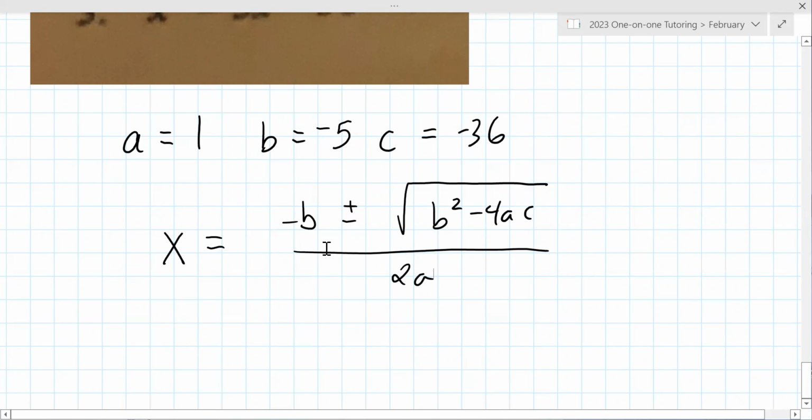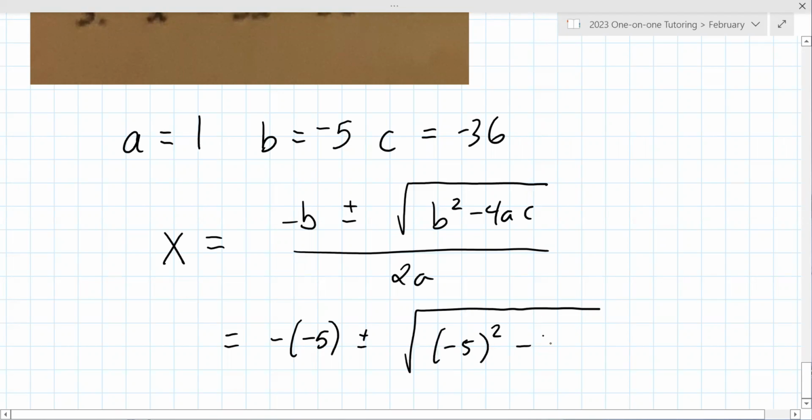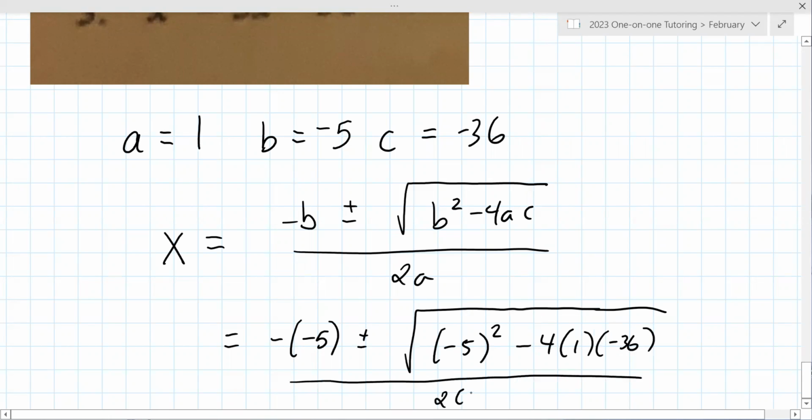I can't emphasize this enough: how important it is that you use parentheses. So it's -5. Is that clear? Okay. Plus or minus square root. Again, parentheses, -5 squared, minus 4 times 1 times -36, all over 2 times 1.